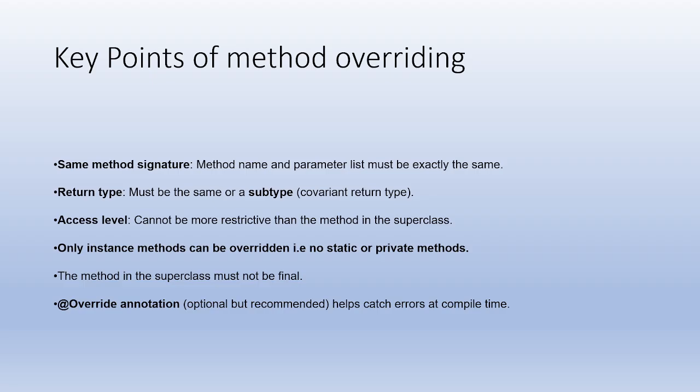It checks whether the method signature is the same or not, the return type is the same or not, the access level is not more restricted, and it's not a static or private method. So if we provide the @Override annotation, these things will be checked at compile time itself. So these are the prerequisites for method overriding.